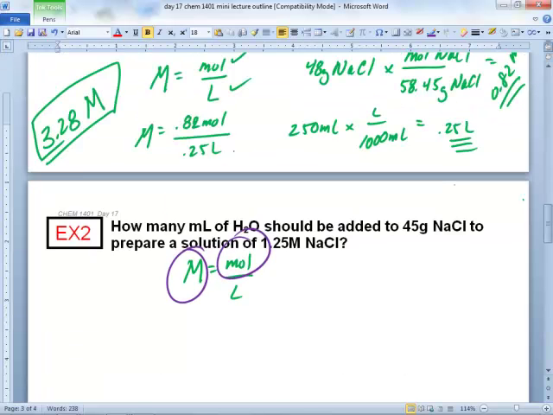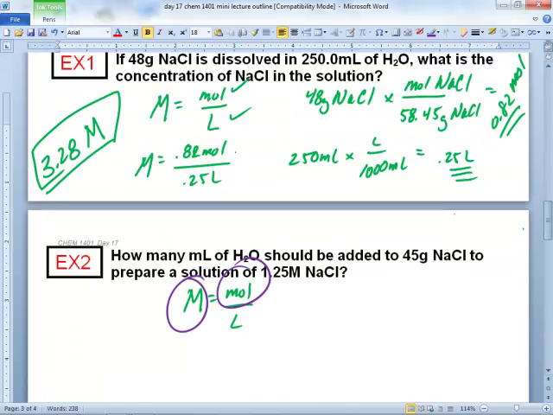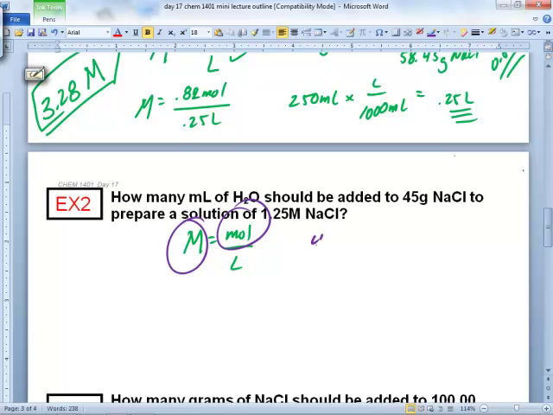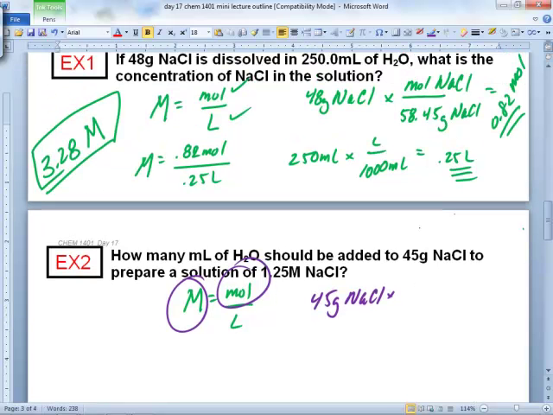Did we do that once already? Oh, it was 48, son of a buck. Okay, 45, yeah, you're right. Convert that into moles. We said it was 58.45. Good. Convert that into moles. About 0.77.